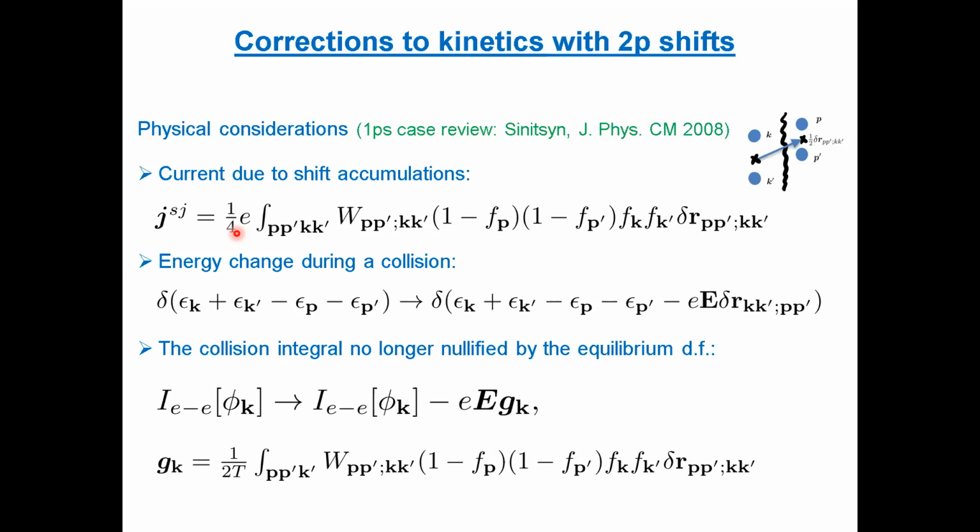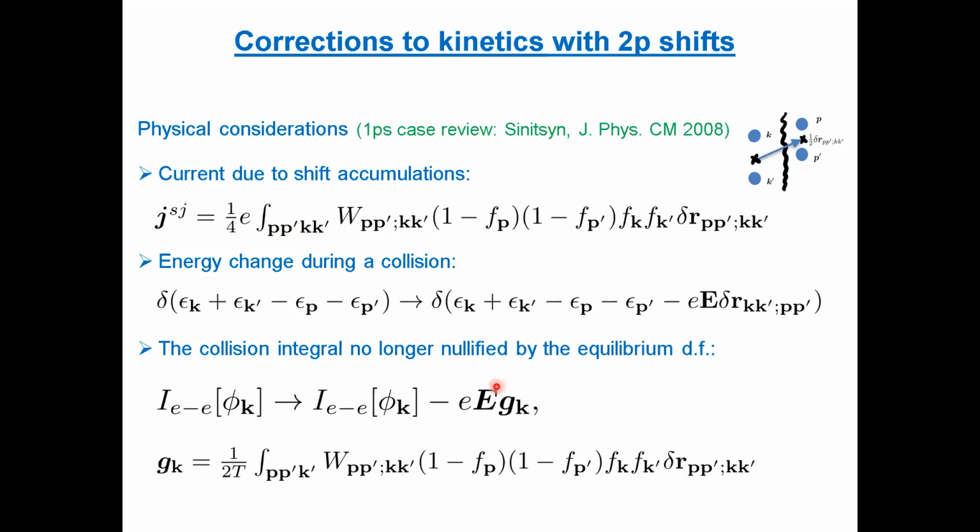Okay, so that's the other effect of these shifts, and basically this leads to the fact that the usual local equilibrium distribution function does not nullify the collision integral anymore. So the collision integral becomes a generation term. There is a term linear in E hiding in it, and it leads to corrections to kinetics.